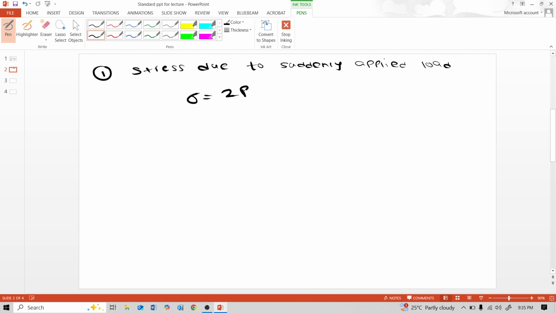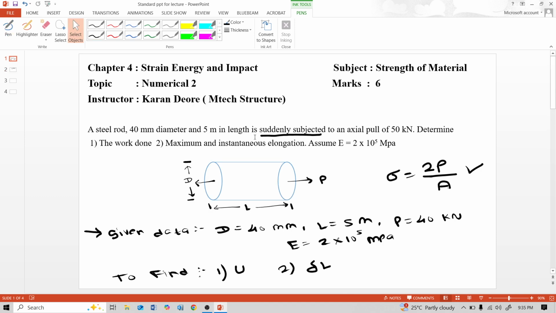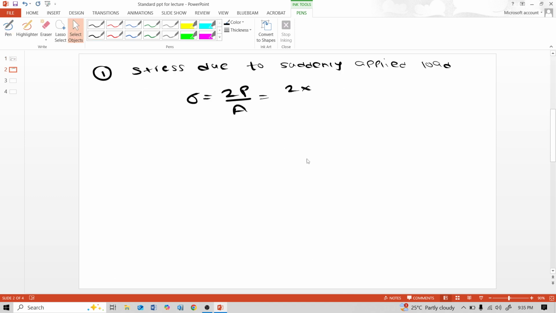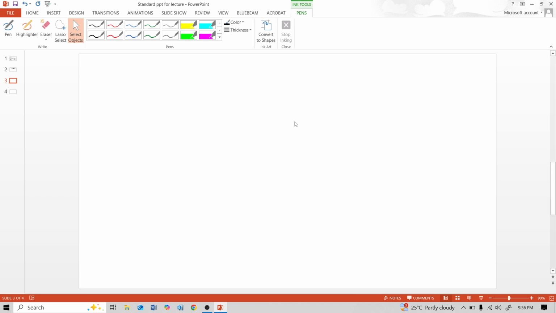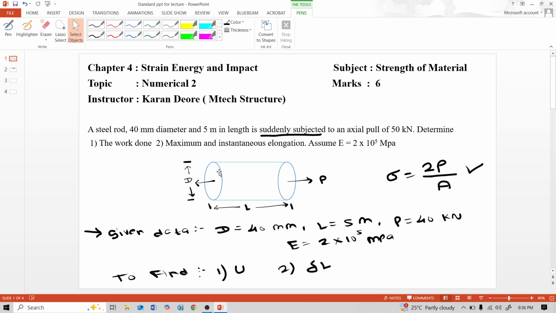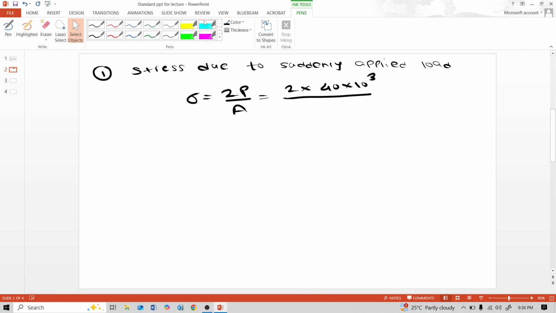Stress due to suddenly applied load is 2P by A. 2 as it is, P is 50 kilonewton, that means 50 into 10 raised to 3 newton. Put the P value in newton because we need the stress value in newton per mm square. And the area is the area of that circular steel bar, whose diameter is 40 mm.